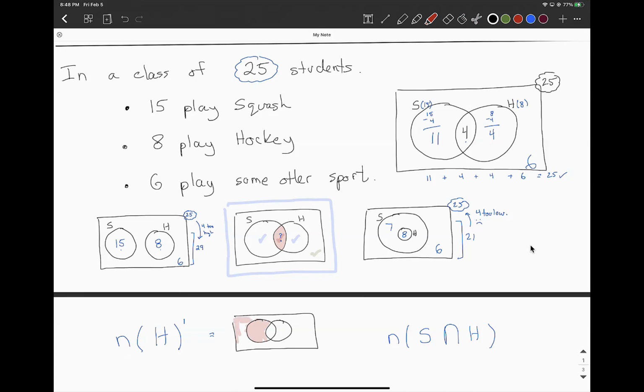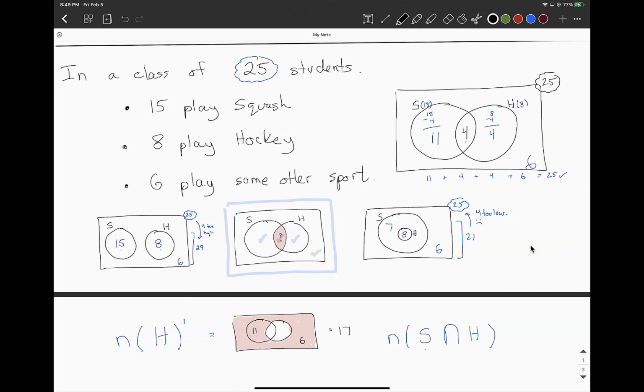These people also don't play hockey. They love their chess. And there's my total. Or at least there's the regions that are all about not being in hockey, which is those 11 plus those 6, which comes out to 17.